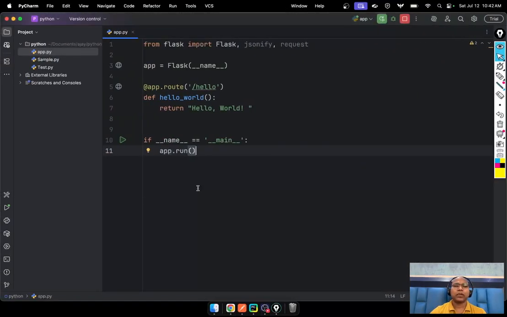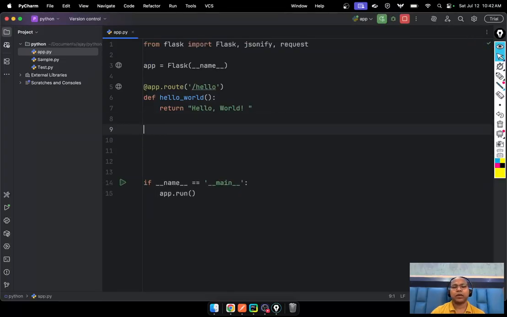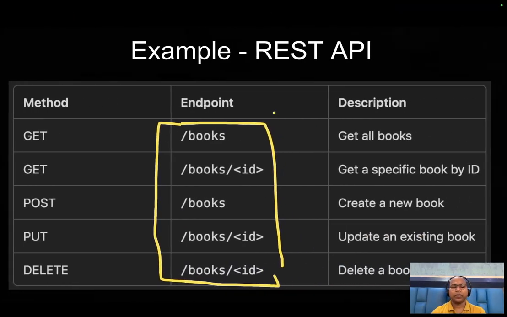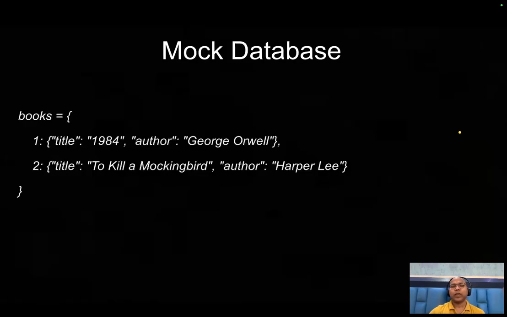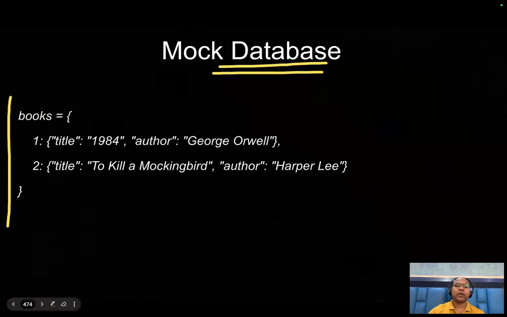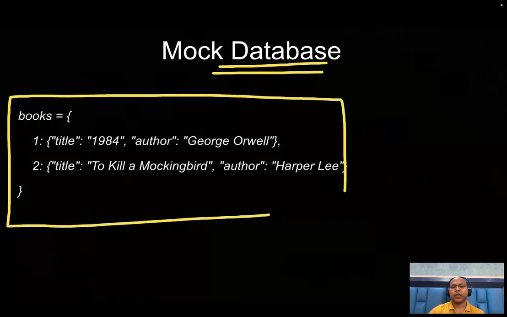So in the same code, let's build some APIs. First, whenever you build a GET API to get all the books, that means somehow we have a list of books available. So somehow we have to store them in our database. Let's say this is the list of books we have: book ID 1, book ID 2.